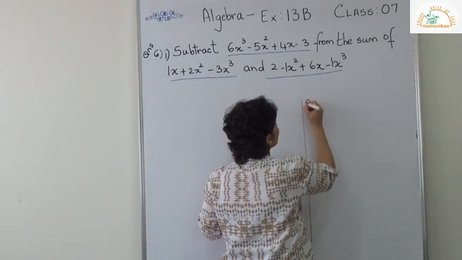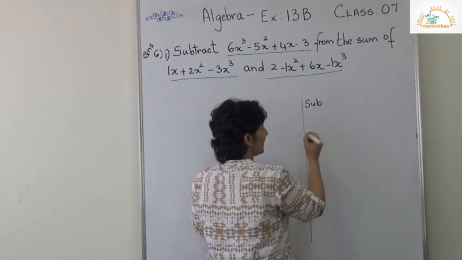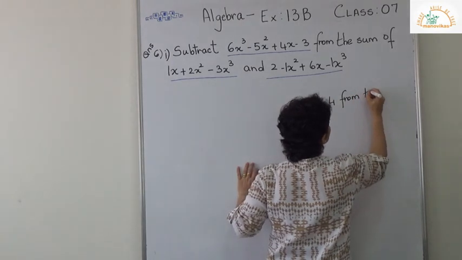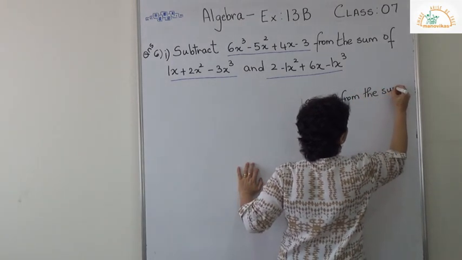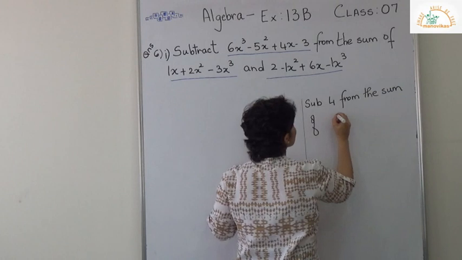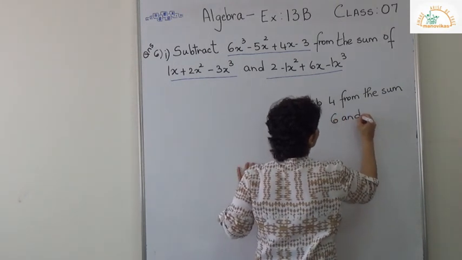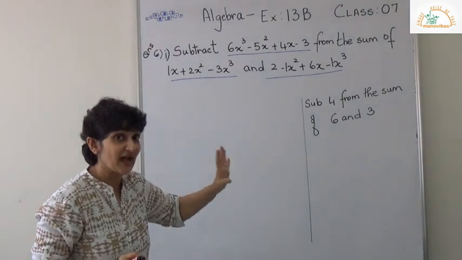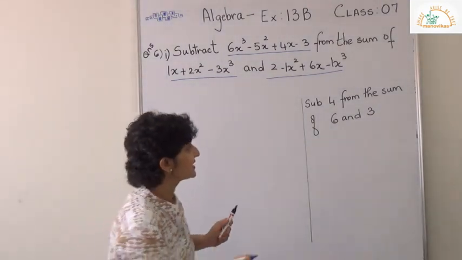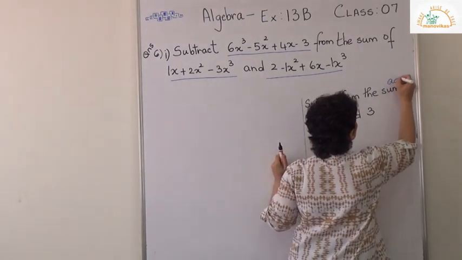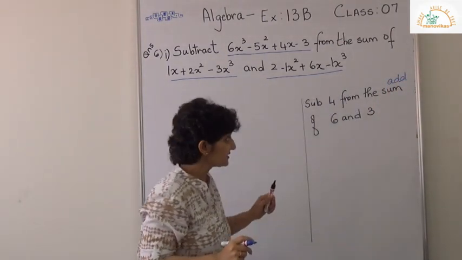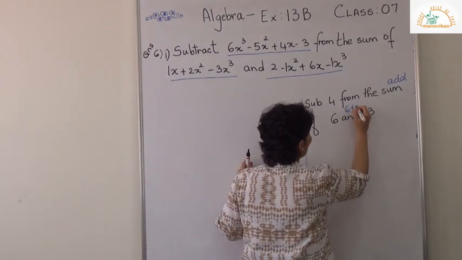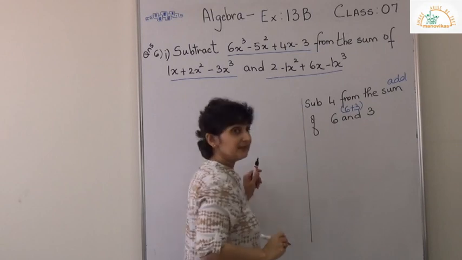If I say subtract 4 from the sum of 6 and 3. Alright, what do I mean by this? Subtract 4 from the sum. Now sum means to add. So we are going to plus it. From the sum of 6 and 3. That means I will add 6 plus 3.